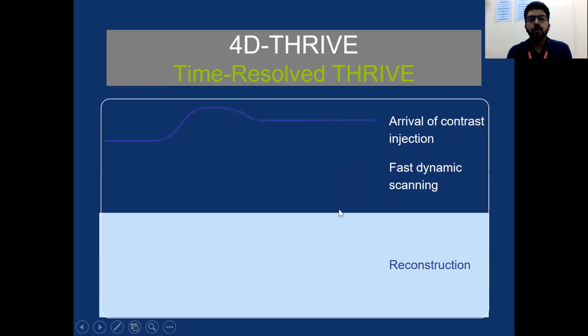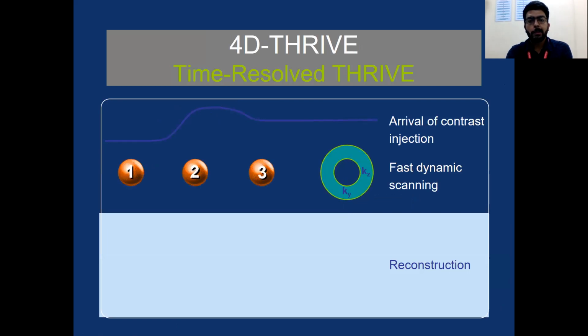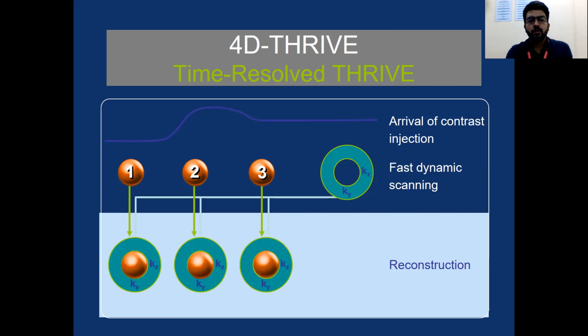Then we also have the 4D THRIVE sequence, or time resolved THRIVE, where there is arrival of the contrast injection, then fast dynamic scanning is done, then there is reconstruction.